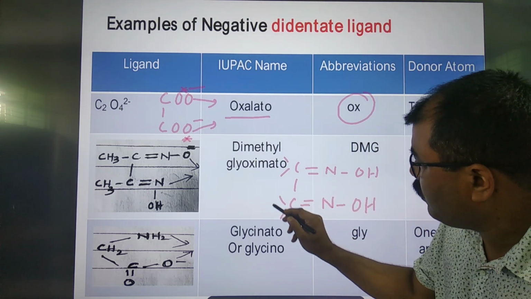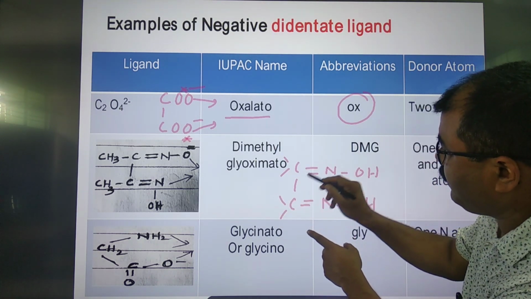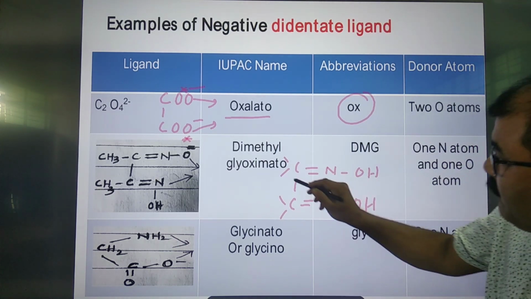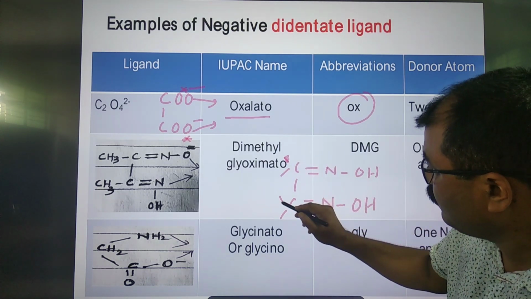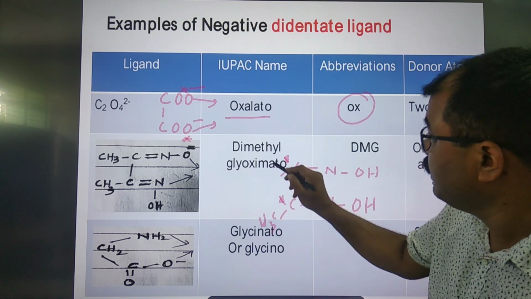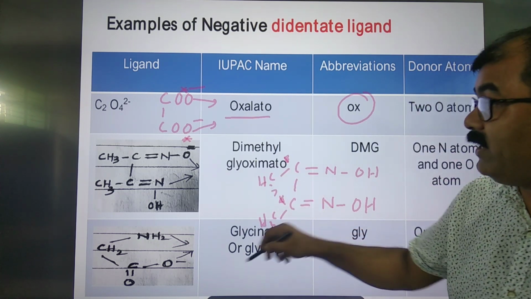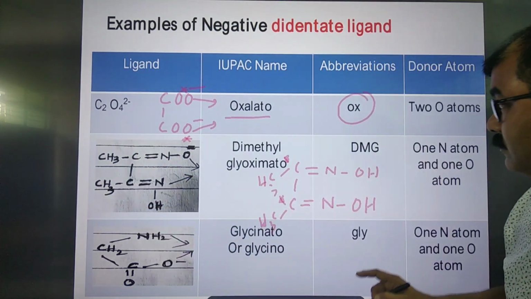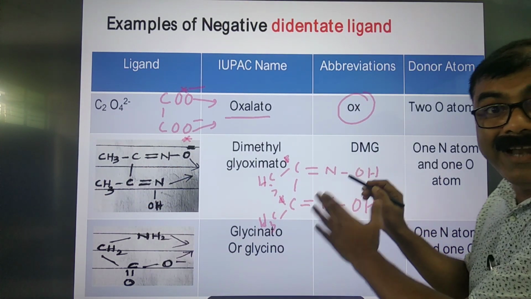In dimethylglyoxime, here one methyl will be there. See the carbon: 1, 2, 3, 4, 5 valency. Carbon cannot have five valency, so this will not be there. Here one methyl group, here one methyl group. That is why it is dimethyl, and it is glyoxime.